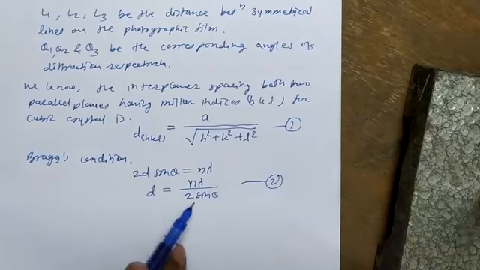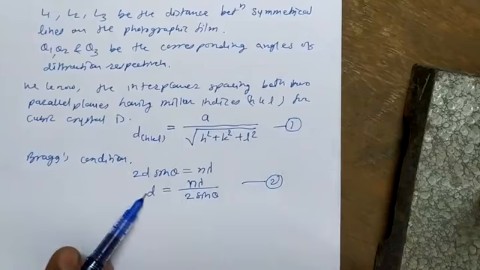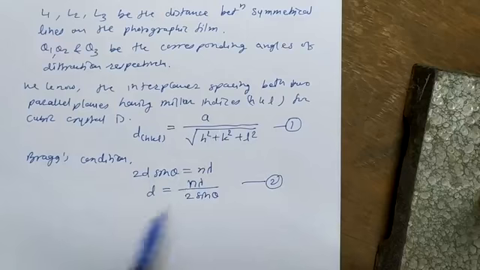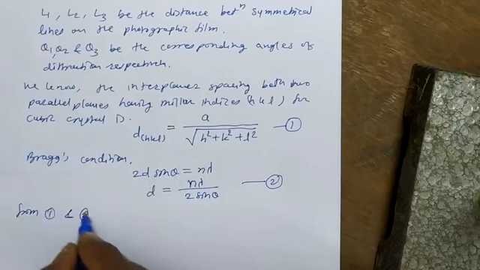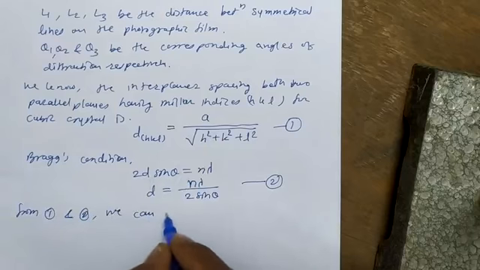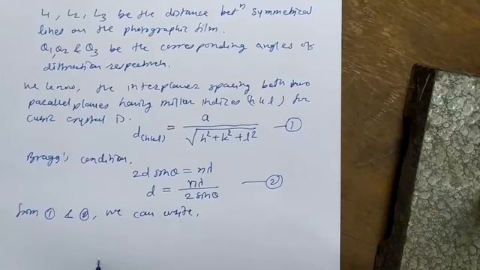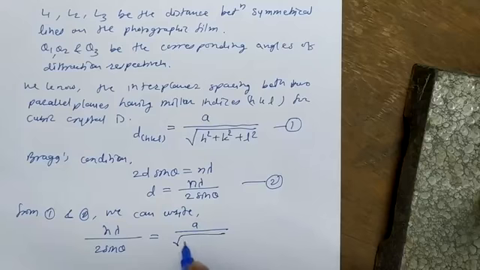From these two equations, the interplanar spacing on the left hand side is equal, therefore the right hand side should be equal. Therefore from 1 and 2 we can write n lambda upon 2 sin theta equal to a upon under root of h square plus k square plus l square.